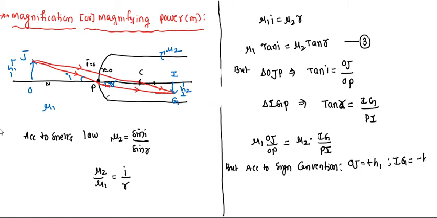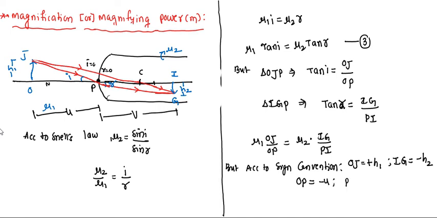OP is the object distance, which we take as u, and PI is the image distance, which we take as v. OP is on the left side, minus u, and PI is on the right side, plus v.